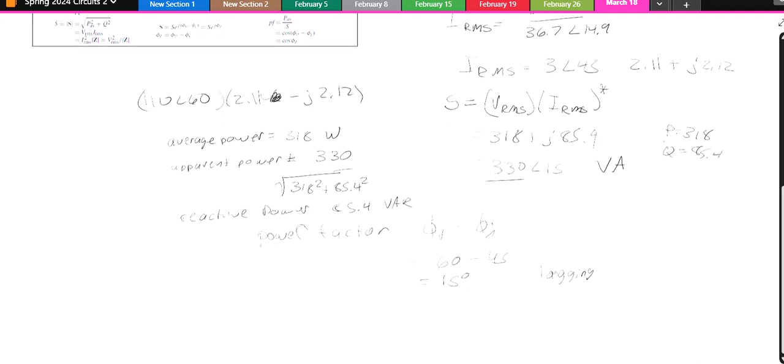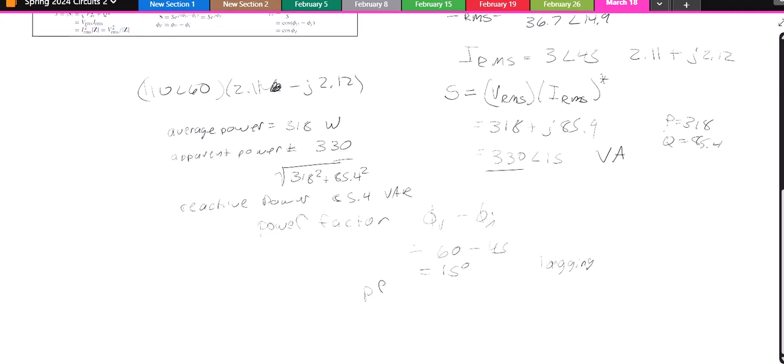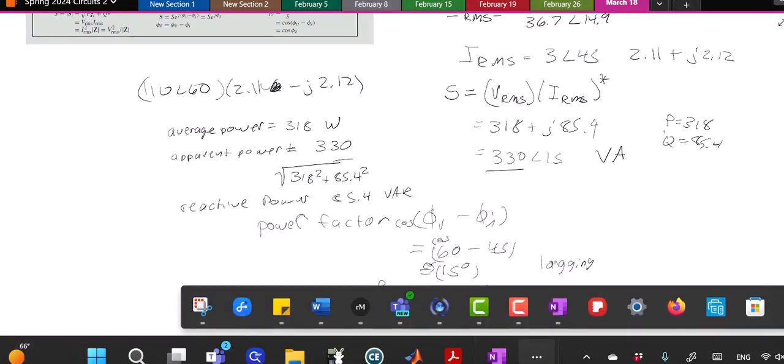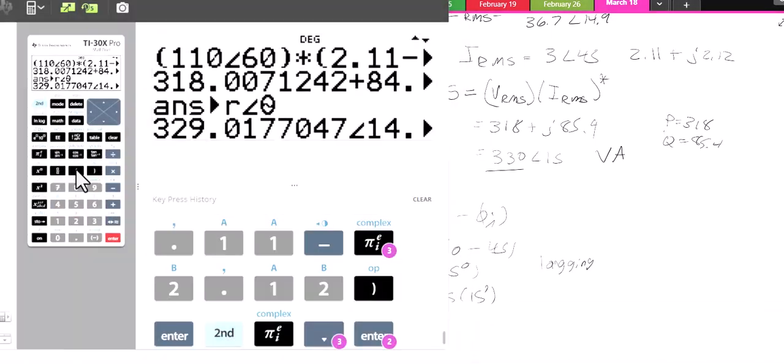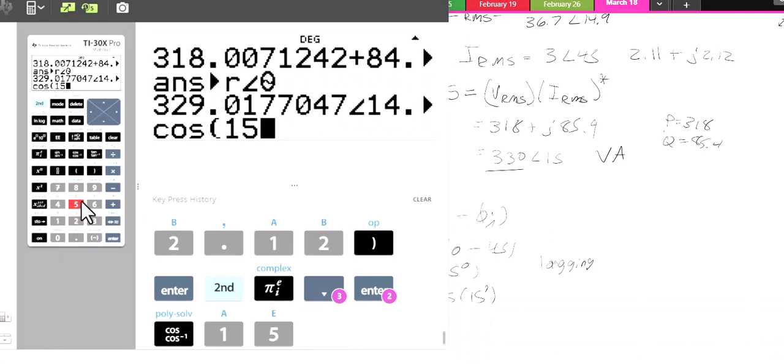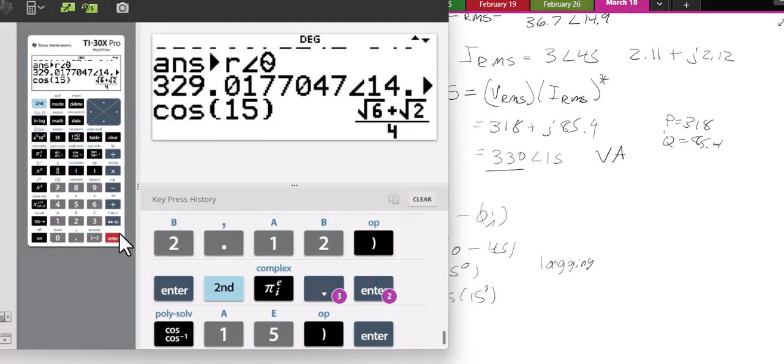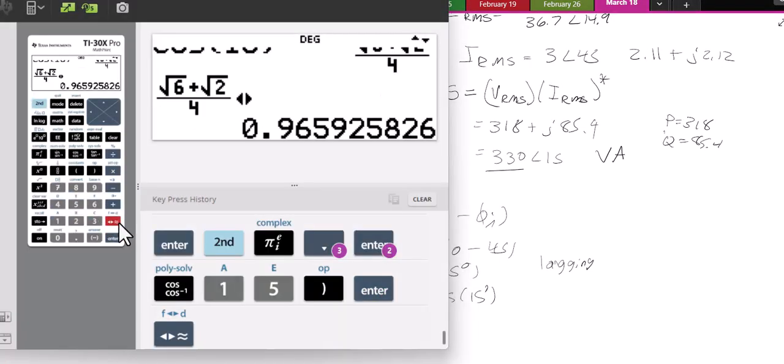But the power factor is the cosine of that. Cosine of 15 degrees is 0.966.